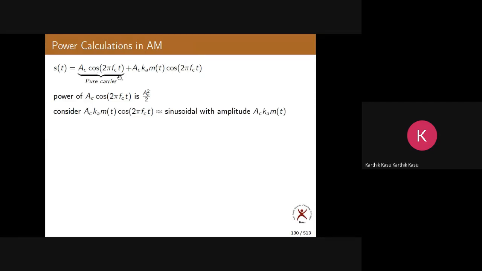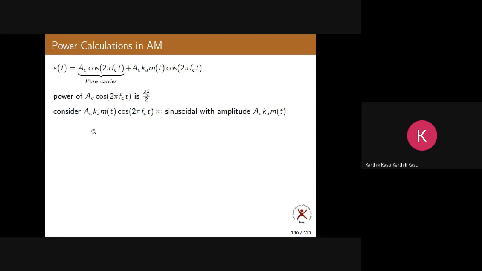Next, let us take another term. So we got the power of this carrier, that is Ac square by 2. What is the power of this signal? Let us see. I assume this is a cos waveform with amplitude Ac Ka m of t. Approximately, I can assume this is also a sinusoidal signal with amplitude Ac into Ka into m of t.